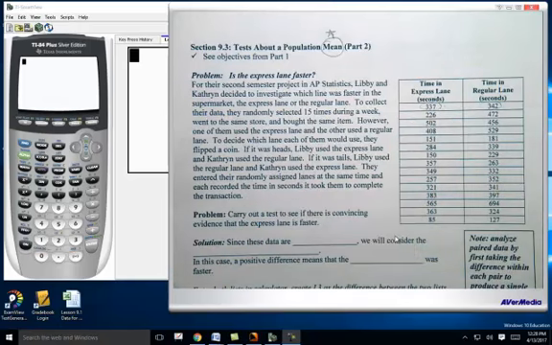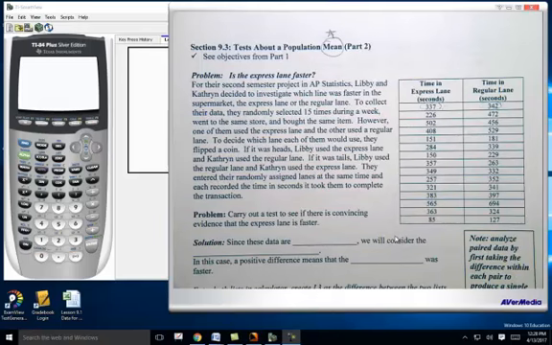So what we're going to do is create one list of numbers from this data and conduct a test using the difference in the means. The question is, is the express lane faster? So eventually we're going to subtract these two numbers because I want to know, is it less time in the express lane than in the regular lane?